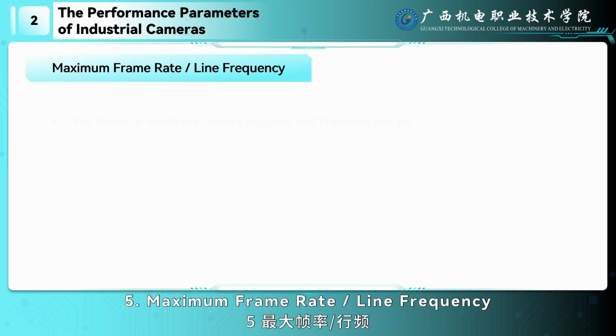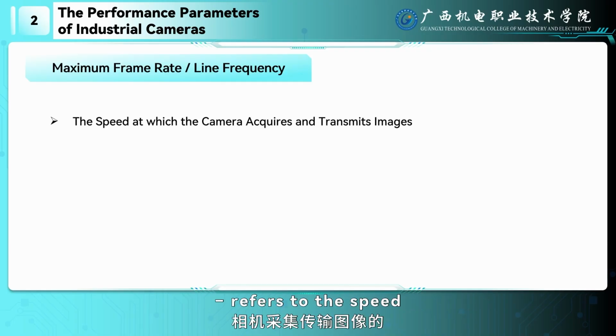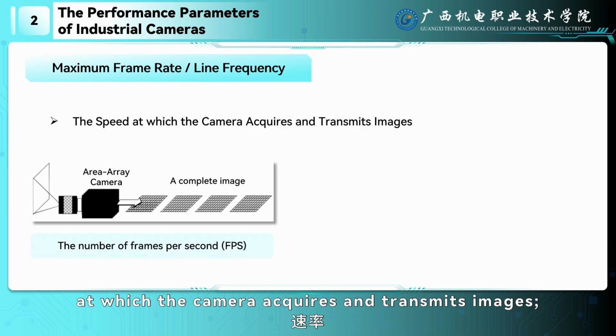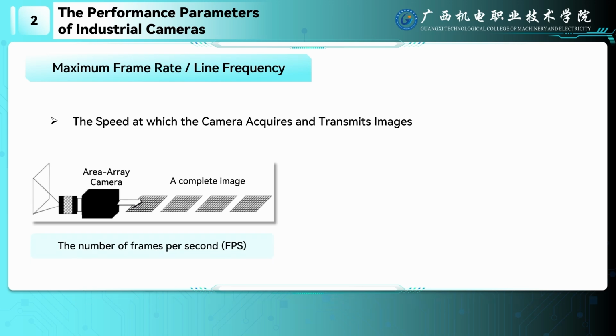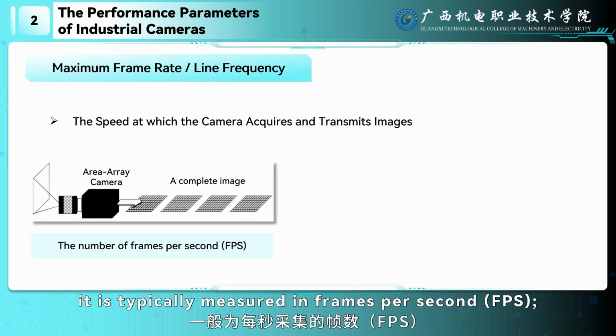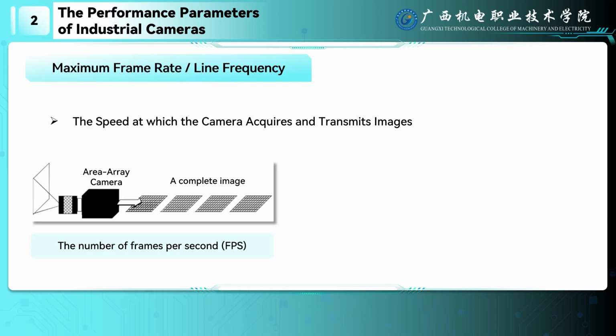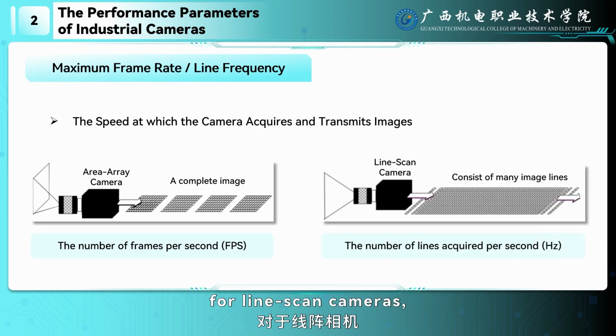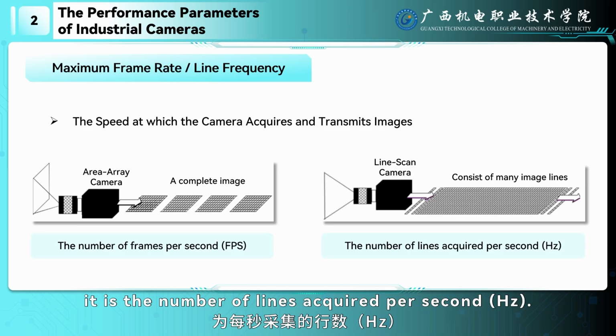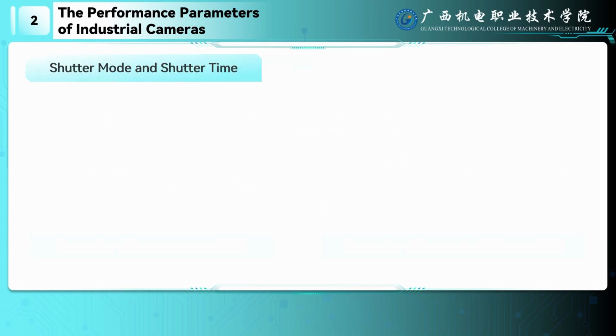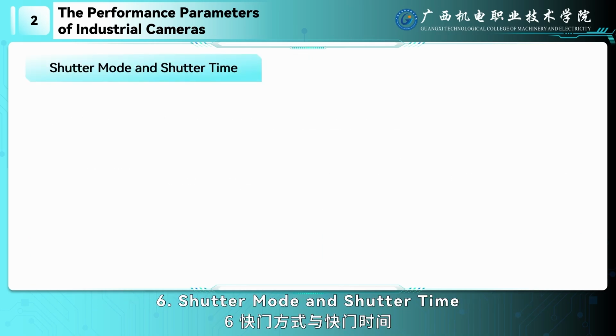5. Maximum frame rate/line frequency refers to the speed at which the camera acquires and transmits images. For area array cameras, it is typically measured in frames per second (fps). For line scan cameras, it is the number of lines acquired per second (hertz). 6. Shutter mode and shutter time.